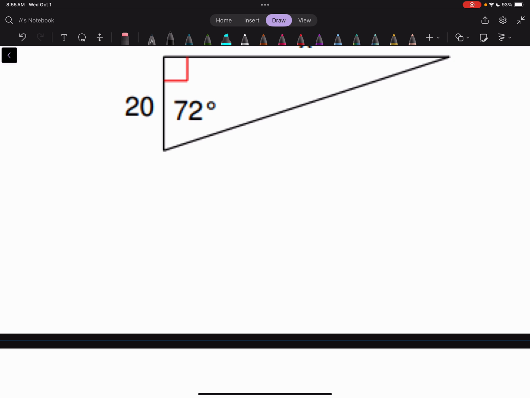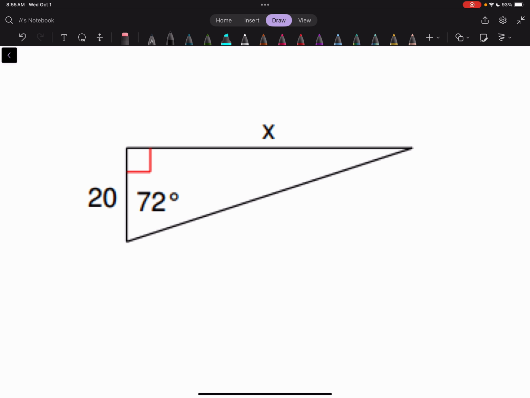Okay, last one for the top. Tangent of 72. Well, let me show you how I know that. Opposite, adjacent. Tripping on acid is tangent.